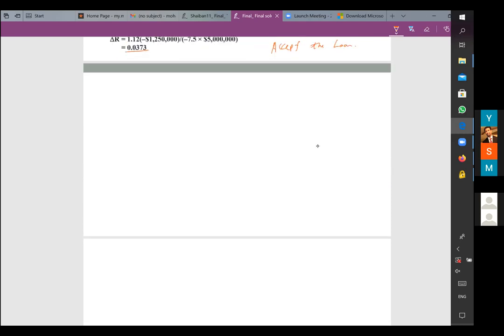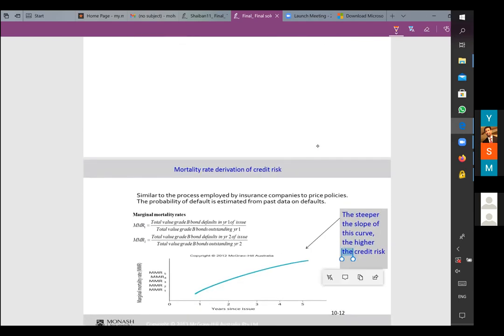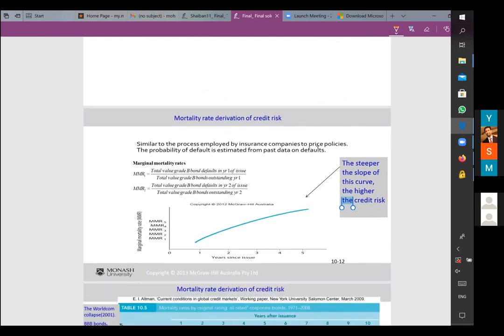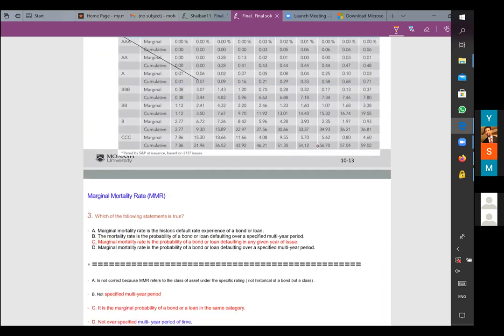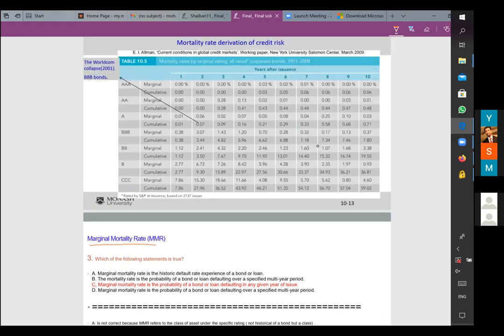Now we move to something called mortality rate deviation of credit risk. I will play it later on. But the question here: which of the following is true about the marginal mortality? As you can see, marginal mortality rate is one of the single loan models.